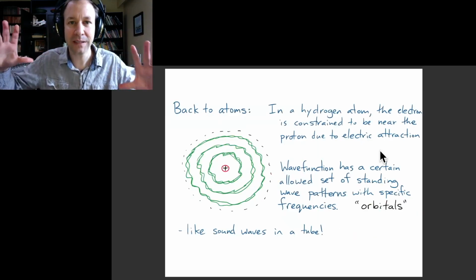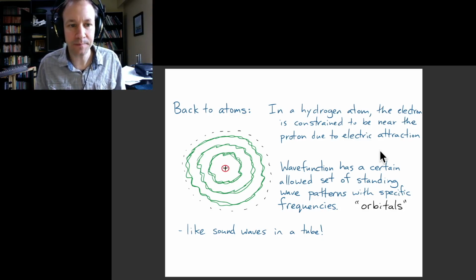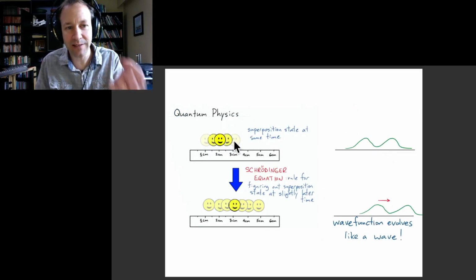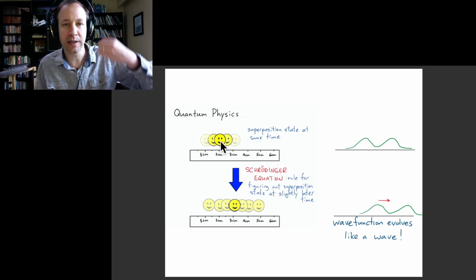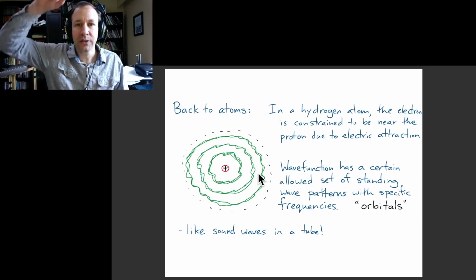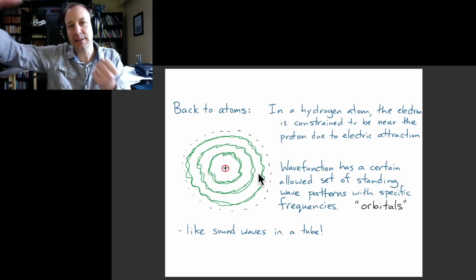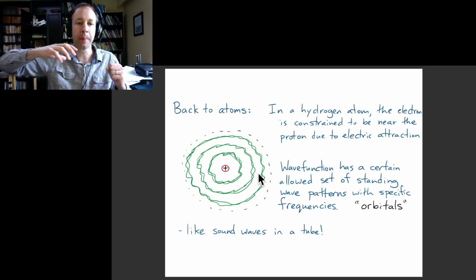So let's finally return to our system of the hydrogen atom. Now instead of the happy face, we're going to think about the electron. In the hydrogen atom, remember the electron being negatively charged is attracted to the proton.